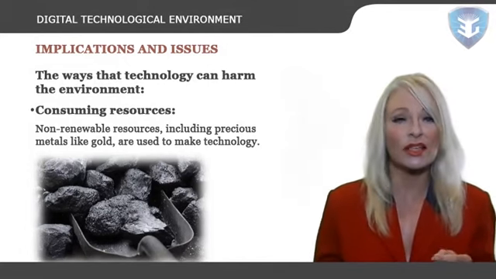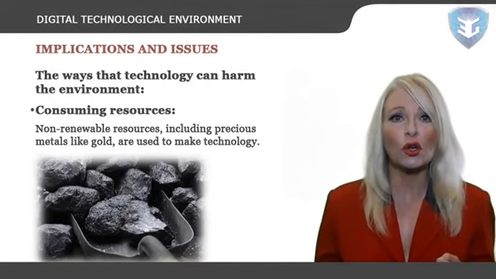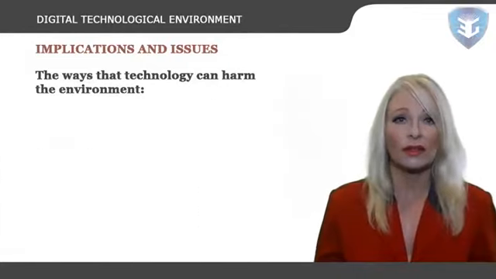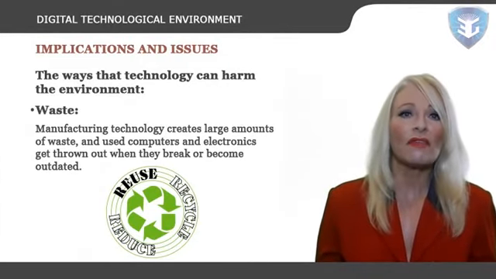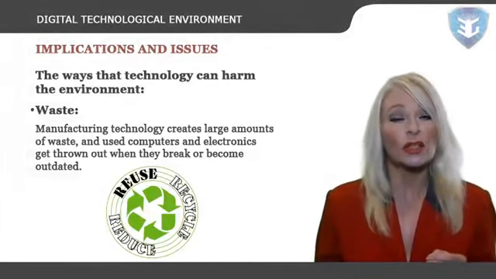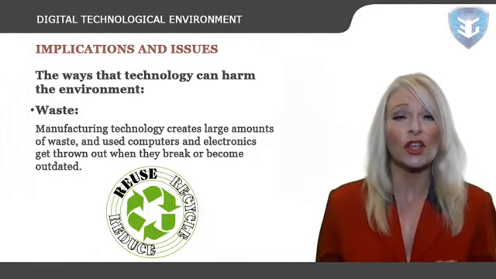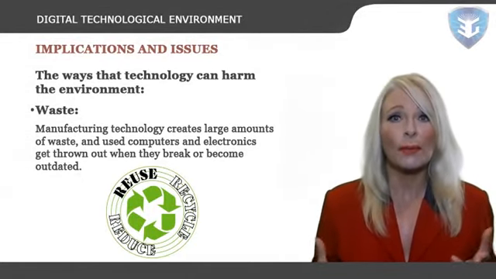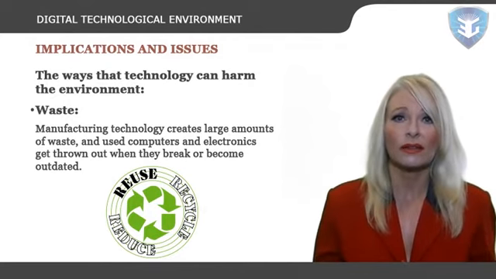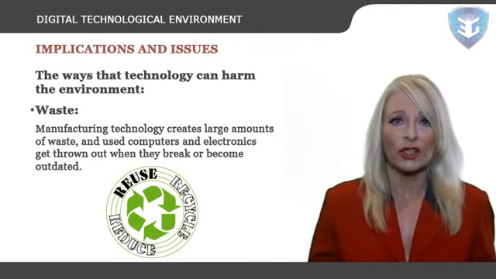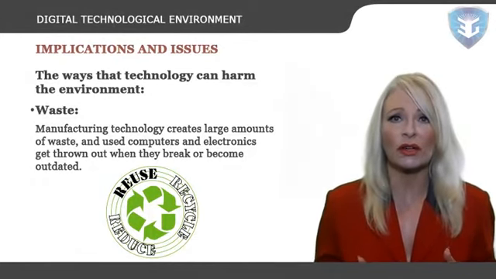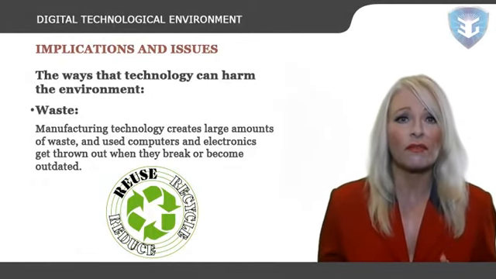Many others, such as coal, are consumed to generate the electricity to use technology. Waste. Manufacturing technology creates large amounts of waste, and used computers and electronics get thrown out when they break or become outdated, called technotrash. These electronics contain all sorts of hazardous materials that are very unsafe for the environment.